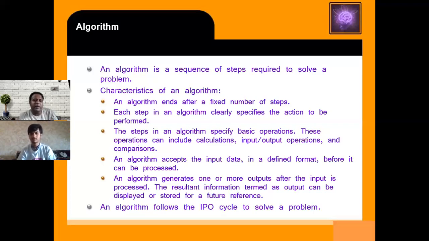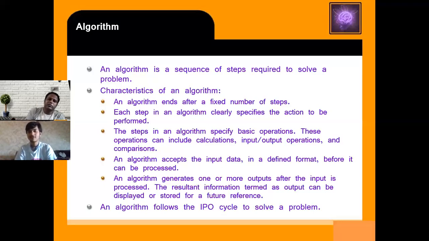An algorithm accepts the input data in a defined format before it can be processed. What is that defined format? Suppose you want to purchase petrol. For purchasing petrol, you cannot take your laptop bag or a vegetable bag.